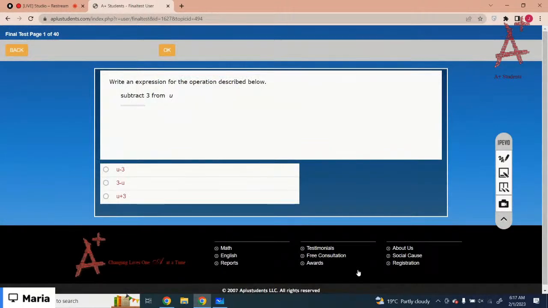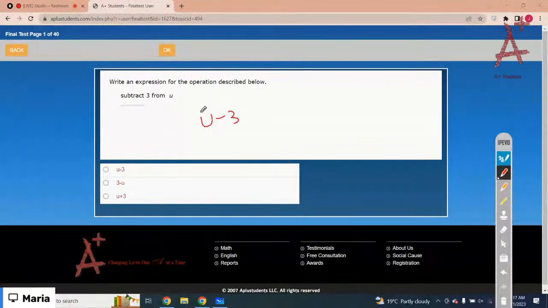Okay, write an expression for the operation described below. So, which is the correct option? Subtract 3 from u. You have to subtract 3 from u. So it would be u take away 3.